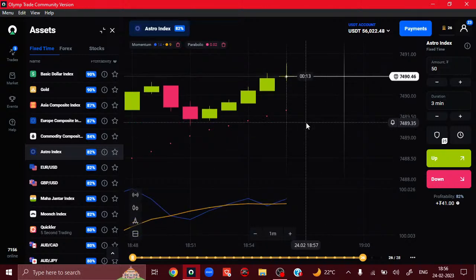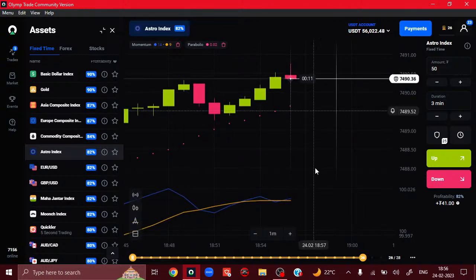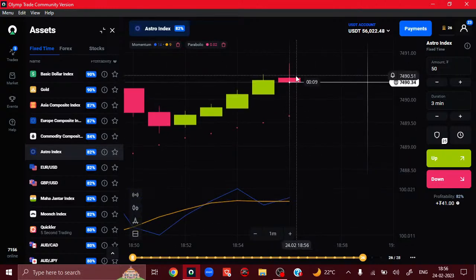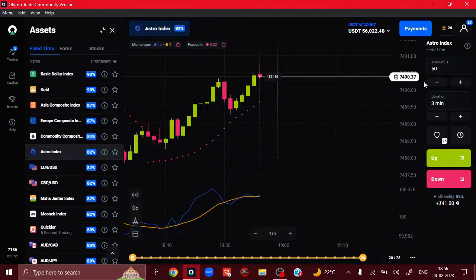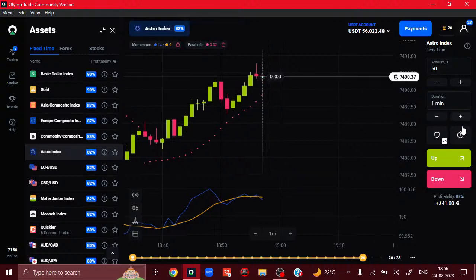Alright, I think here we might want to enter into a downward trade. Alright guys, so one trade in the downward direction for 1 minute in Astro Index.